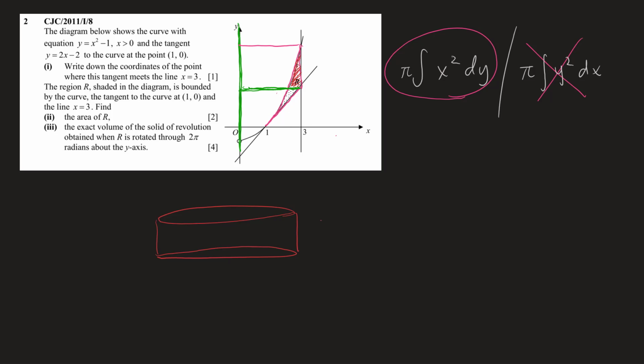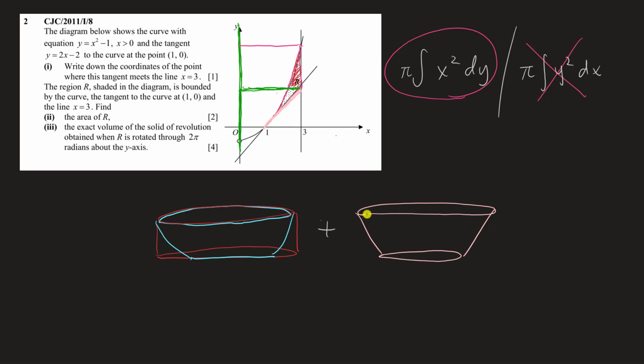Then we will subtract away this bit here to give us the remaining volume, the top half of R. Then we will add spinning around this tangent line to get this shape, a trapezium bowl. Then we subtract away this red color part here, which will give us this red color part.